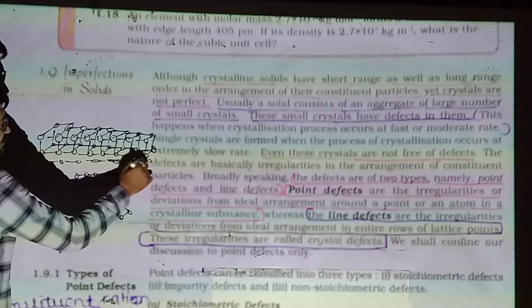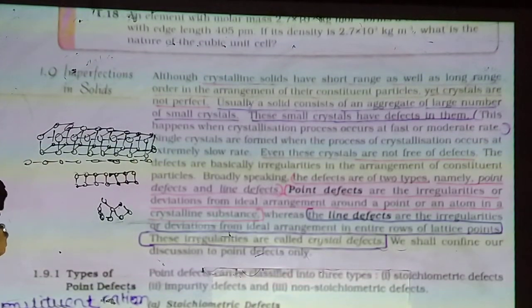However much care you take in making a crystal, imperfectness occurs, with 100% certainty. These defects are of two types: point defect and line defect.